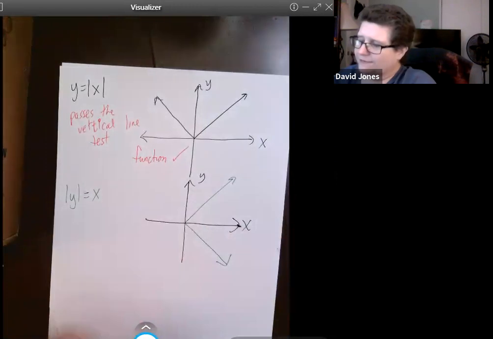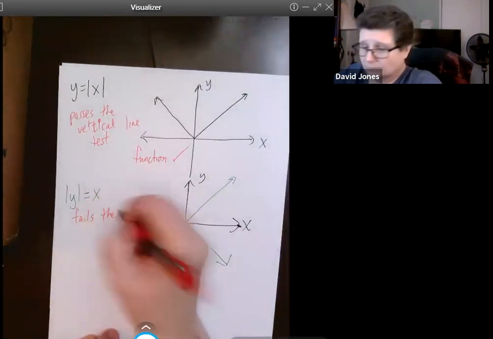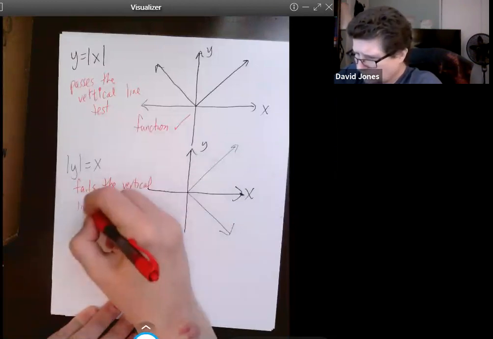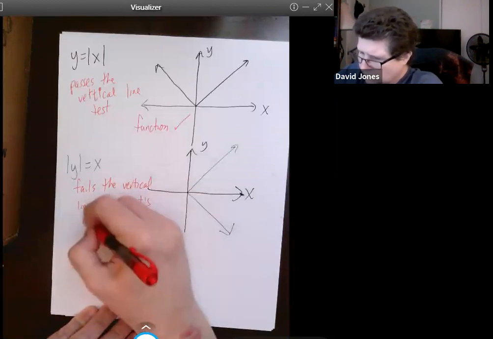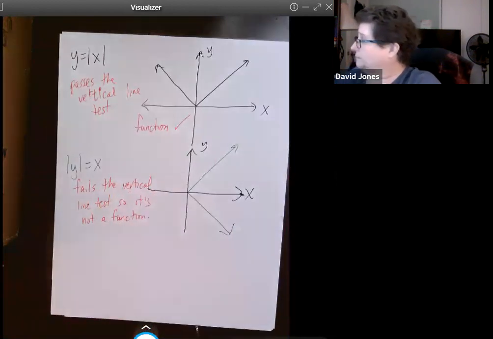This fails the vertical line test, so it's not a function. Okay.